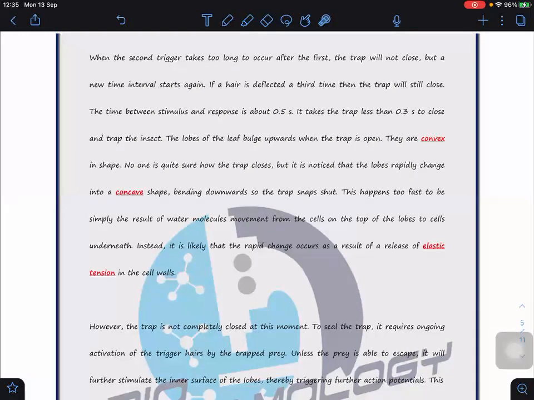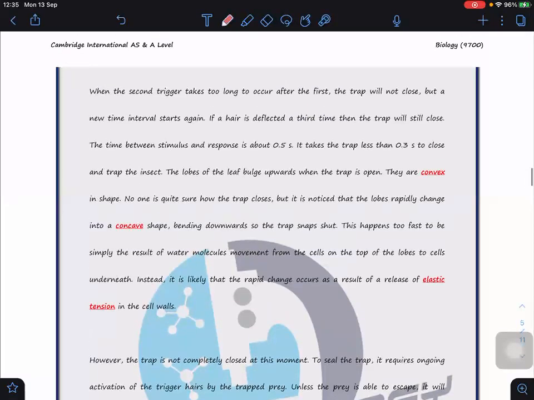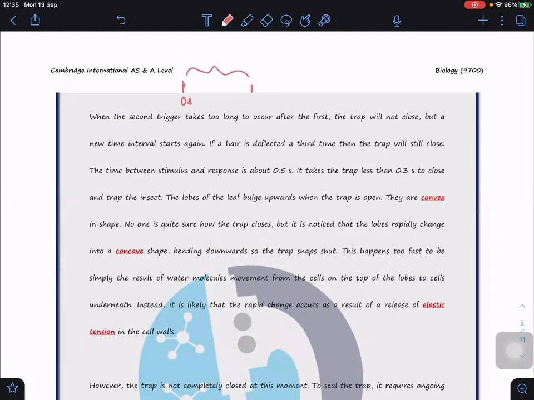Why? If it is deflected a third time, it depends on the second and third touches. As I said, the first time is, let's say, 0 seconds, and the second time by rights must be within 20 to 35 seconds. But if I touch it at 40 seconds, the trap resets. Correct or not? So we don't talk about this one already.